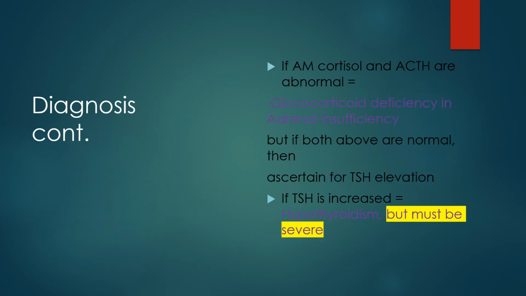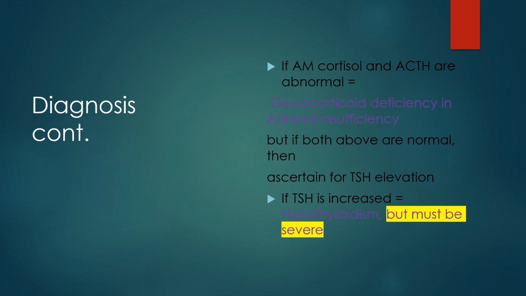If AM cortisol and ACTH are abnormal, then the diagnosis is glucocorticoid deficiency in the face of adrenal insufficiency. But if both are within the normal range, then we need to wait for the lab to report what the level of thyroid stimulating hormone is.